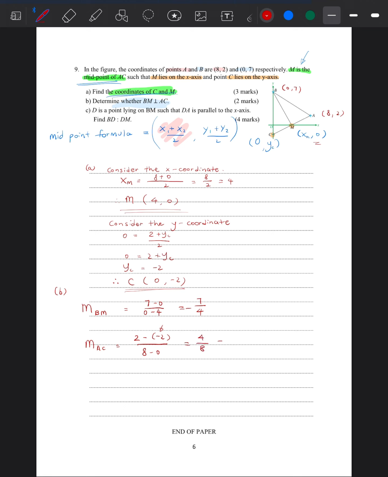So it's 4 over 8, and therefore you got 1 over 2. Because when you times slope of BM and slope of AC, it doesn't equal to negative 1. So therefore, BM is not perpendicular to AC. So this is the answer for part B.